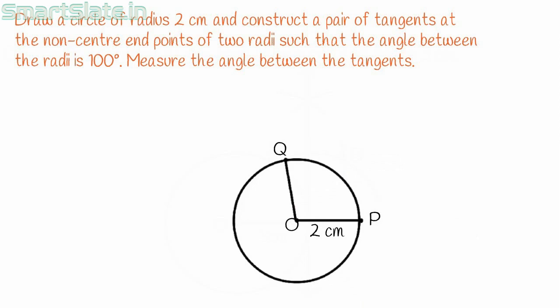We have angle between these two radii 100 degrees. We are supposed to construct tangents at both of these points. I hope you remember the steps to draw tangent at any given point on the circle. Anyhow, I will repeat the process again in this video.